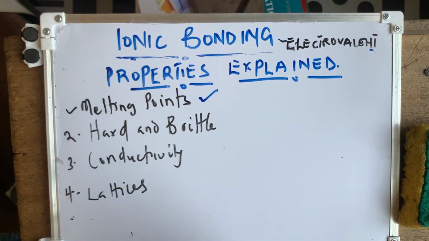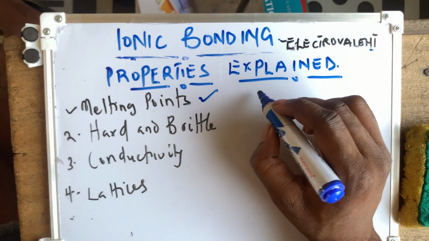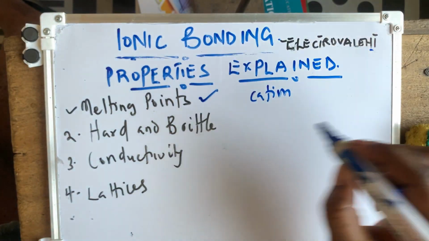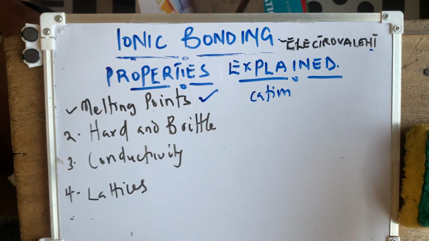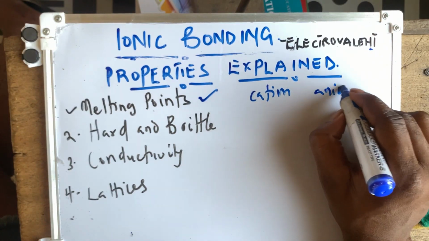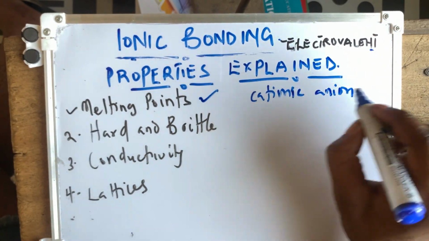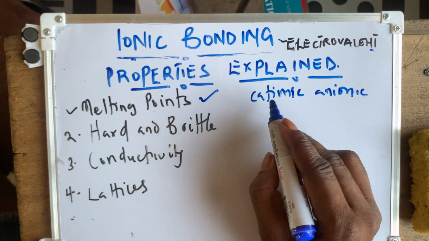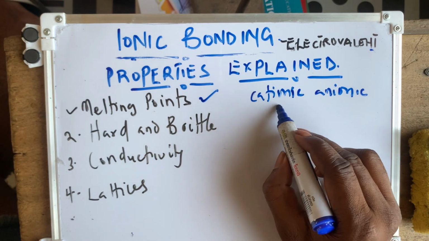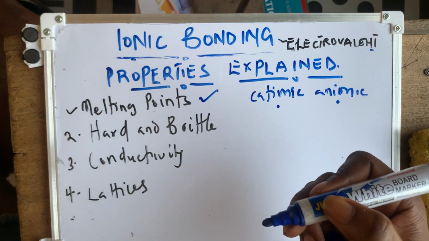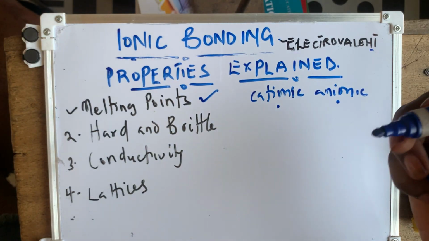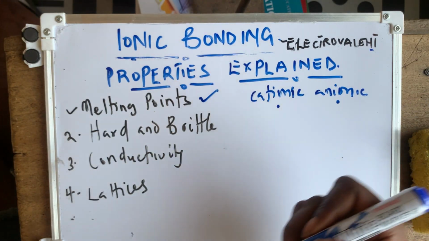Because of the many simultaneous attractions between cations and anions, the reaction that happens between the cations and the anions, we realize that ionic crystal lattices are very strong.